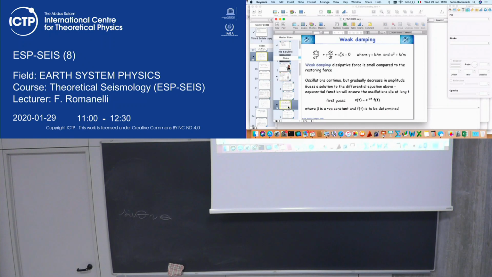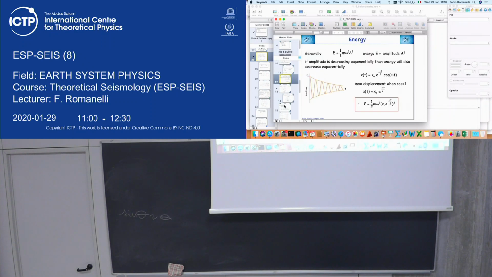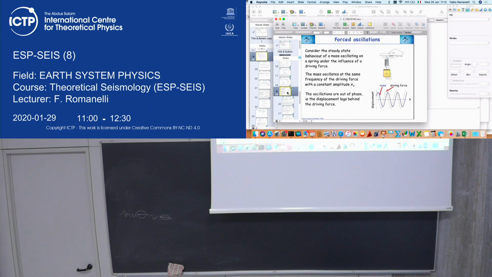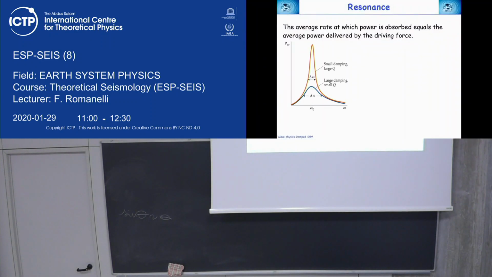That was the damped oscillator: weak damping, strong damping, energy, Q, the definition of Q. I hope you do remember. Forced, and I was shaking in my lab there. The end of the story was this. That was the plot of the power absorbed by the system.